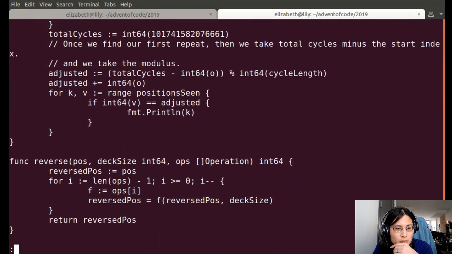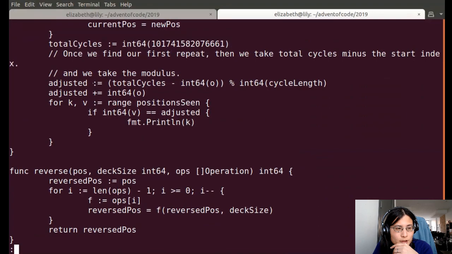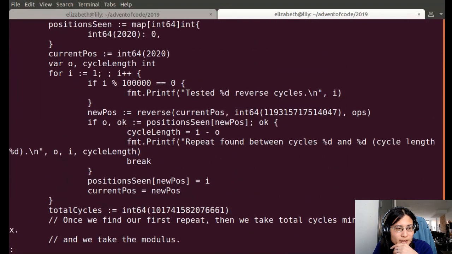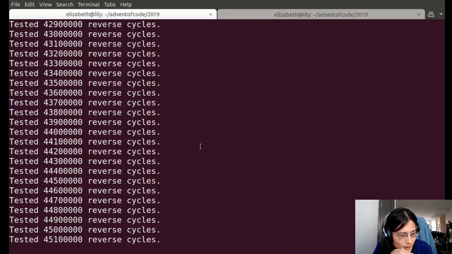Yeah, I'm pretty much fresh out of insights here. This appropriately does break out. We've seen it break out in the past. We've now tested 45 million reverse cycles.